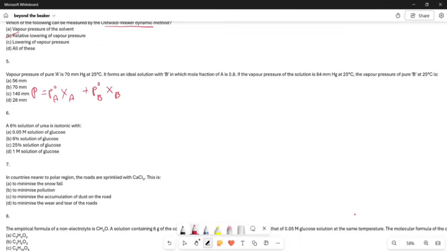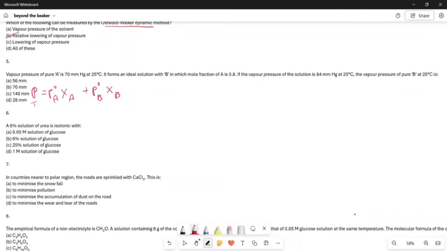The total pressure exerted by the liquid mixture is the sum of the partial vapor pressures exerted by the individual liquids.